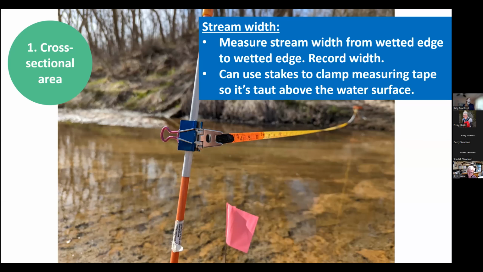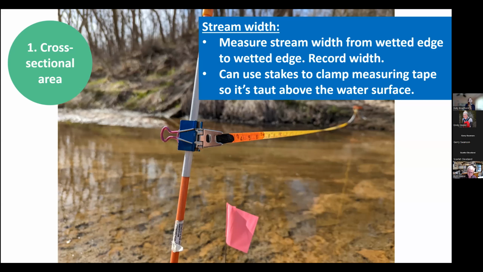Okay, so our first step is to measure the cross-sectional area of our stream for that first part of our equation. To do that, we need stream width. So remember to measure the stream width from the wetted edge to the wetted edge of the stream. You're going to record that in decimal feet, tenths of feet, and write that on your data sheet.